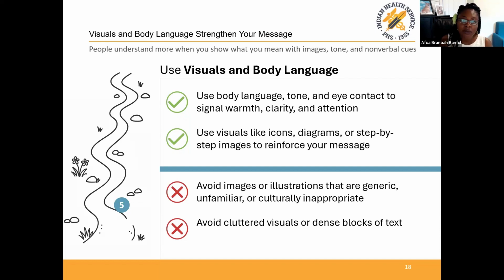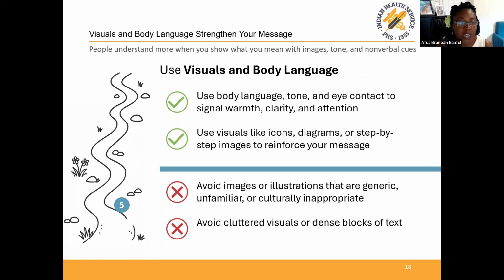We are now on using visuals and body language, right? And thank you so much, Paula, for really emphasizing this. People understand more of what you mean when you show, when you use tone, when you use nonverbal cues. Eye contact generally makes us feel connected, right?